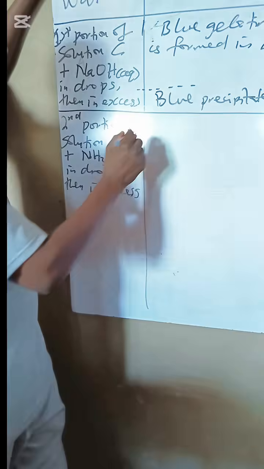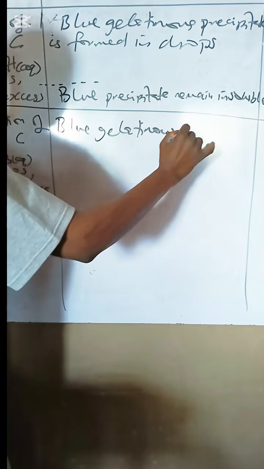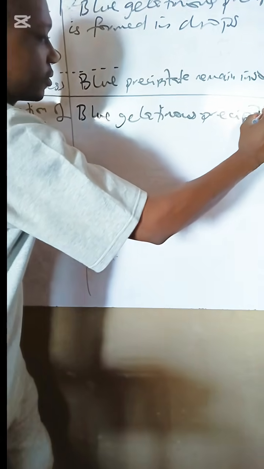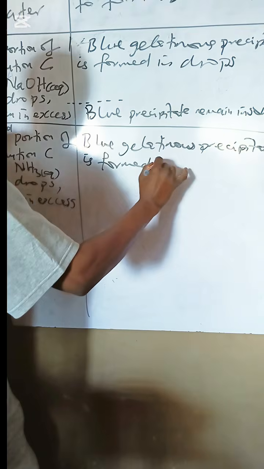Now, second portion of solution C plus aqueous ammonia. Okay? So a blue gelatinous precipitate is formed in drops.